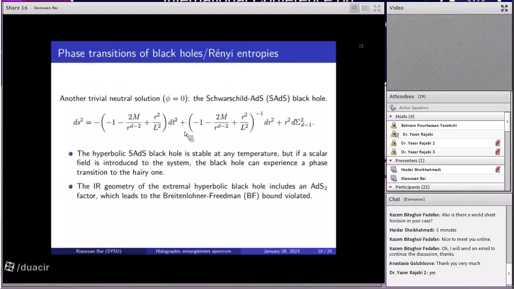Then this transition can be implied from the IR geometry of the extremal hyperbolic black hole, which includes an AdS2 factor. This will leave the BF bound violated. By this, I mean the hyperbolic AdS black hole can experience instability even before the temperature reaches zero.